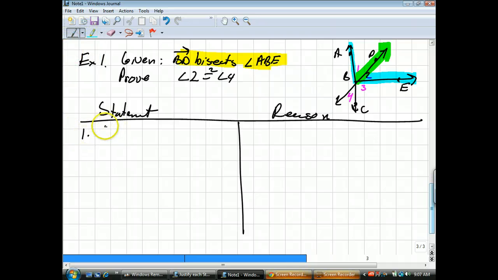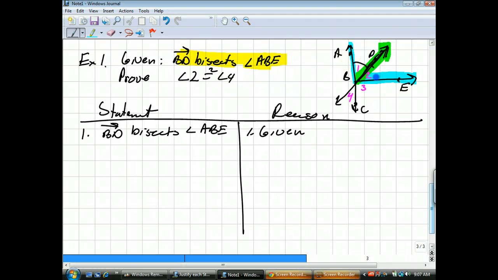So number 1, ray BD bisects angle ABE. And I can say that because it's given. Okay? Well, because this bisects, what do I know for sure about the picture? Well, by definition of bisector, it divides the angle into 2 equal angles.